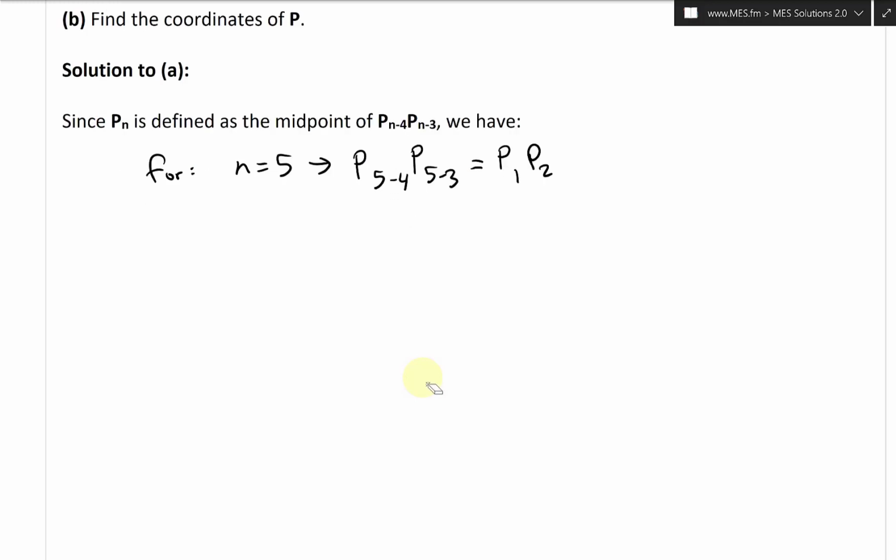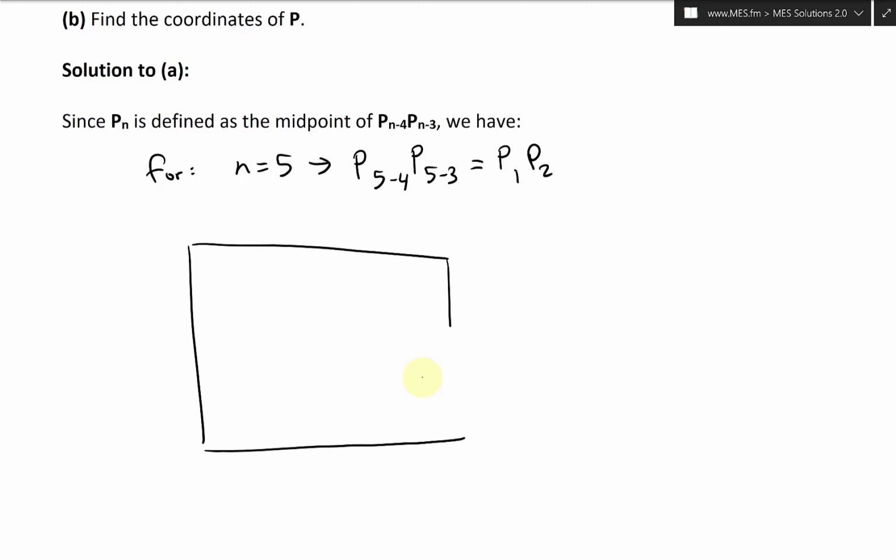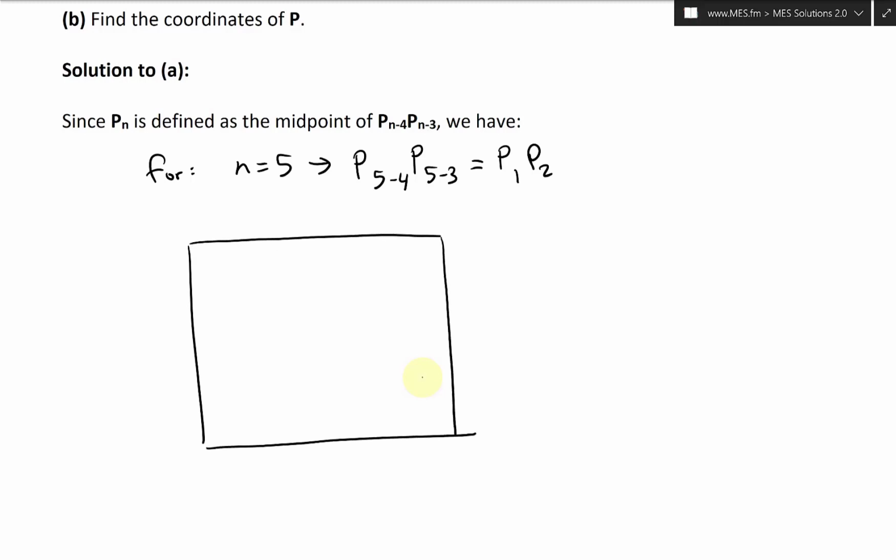All right, so that's what we have for n equal to 5. Then if we were to draw this out in a square, we could write a formula for xn. Let's say we have this.